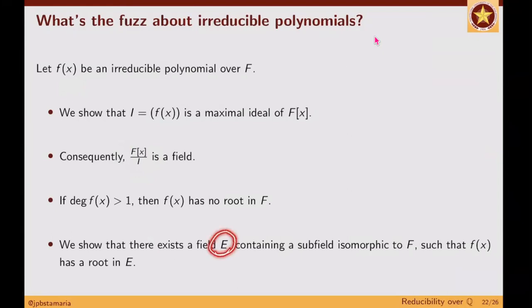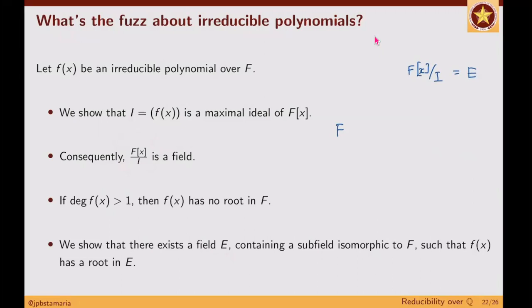Palagay nyo sino tong E na sinasabi dito. Actually, yung E ito. Yung E na yan, ito si F. Kukonstructin natin yung F[x] modulo I. Tatawagin ko itong E. Ngayon, yung E na yan, ang laman nito mga cosets ng I. Weird, no?